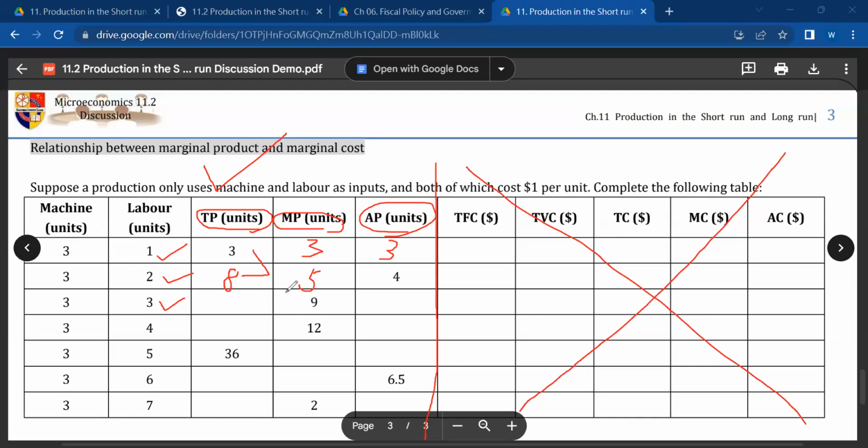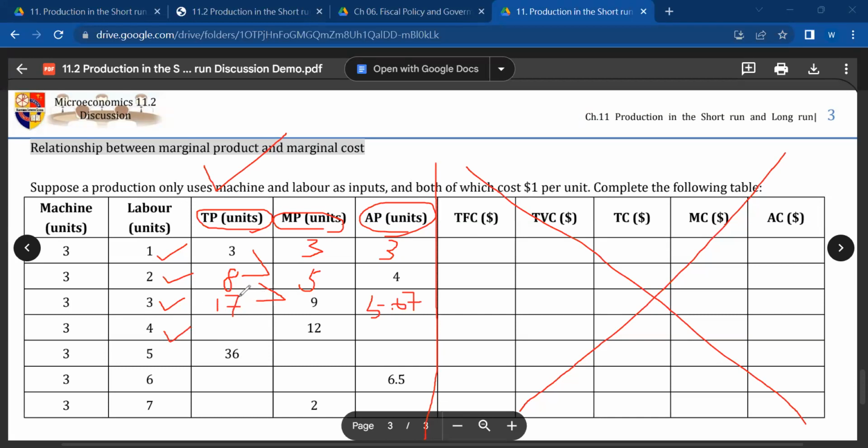So we add the 9 units to the total product and we can get 17. It's the total product of 3 neighbors. Of course the average product is divided as usual, 5.67, okay? So this shows everyone knows how to do it, so I can go faster.